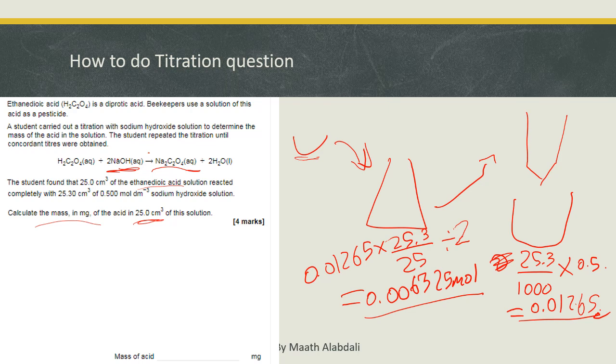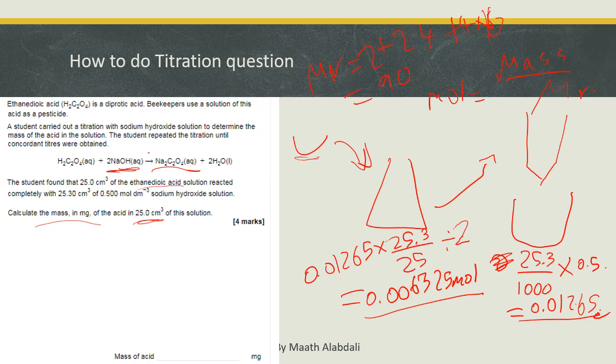So you know that mole equals mass divided by Mr. The Mr of ethanoic acid, you figure that out, which is 2 times 12 is 24, plus oxygen is 16, 4 times 16, which is 90.